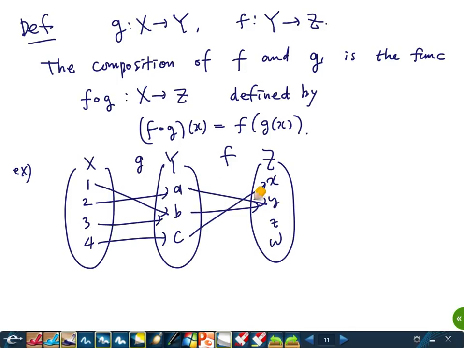So we have two functions, and then we can compose them. How is f compose g defined? You just follow the two arrows. So here 4 goes to c and then goes to x, so we map this directly to this. And 3 goes to b and then y. 2 goes to a and then y. 1 goes to b and then y. So the composition is just following the arrows.